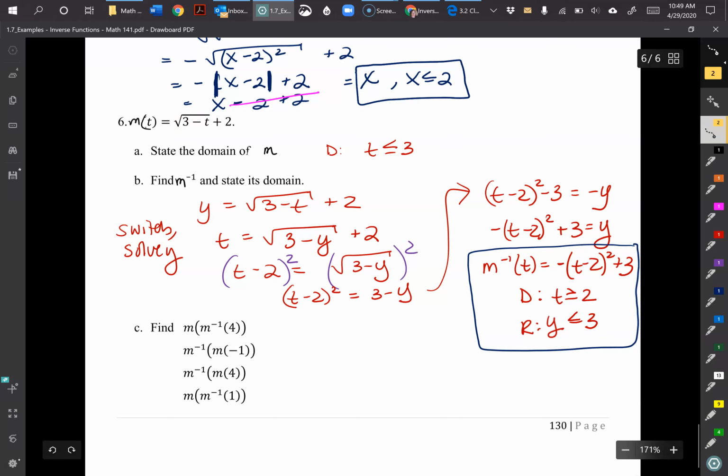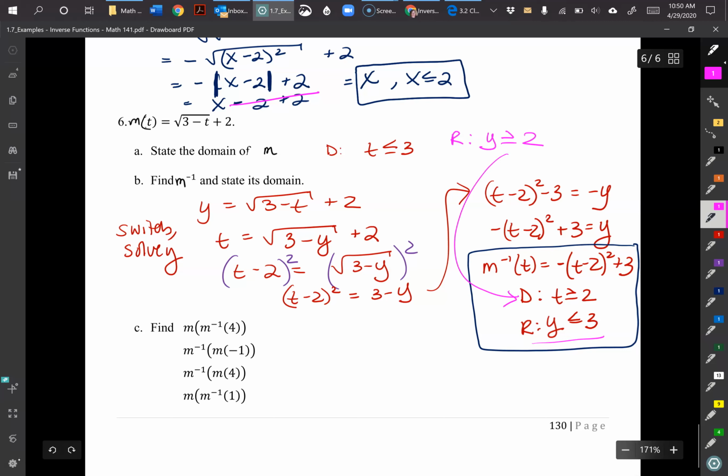So no matter what I put in for this t, I would have to have 0 or bigger, because this has to be 0 or bigger. So I'm always going to get something greater than or equal to 2, because my range here was y has to be greater than or equal to 2. So I know that has to be my domain here.